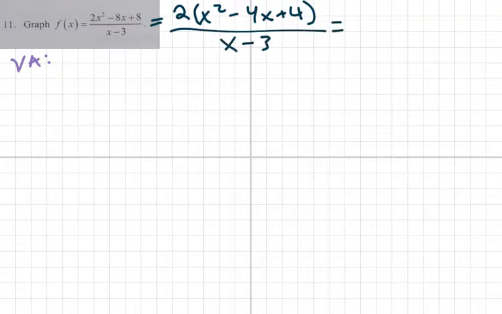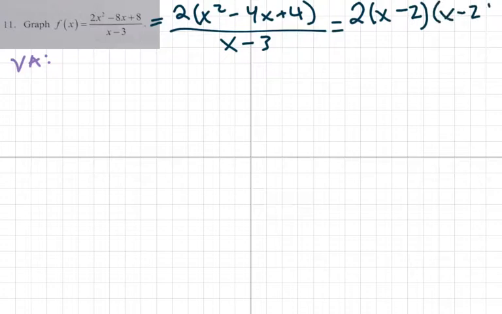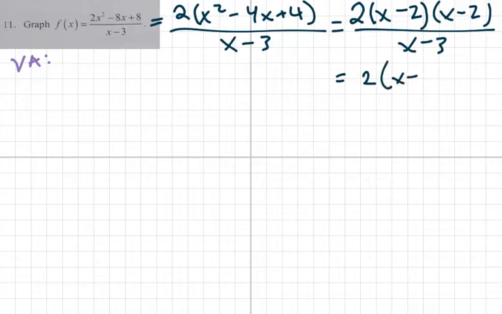And then I can factor that and get 2 times x minus 2 times x minus 2 all over x minus 3. And the most proper way to write that would be 2 times x minus 2 squared over x minus 3. Okay, so first factor out anything that you possibly can.